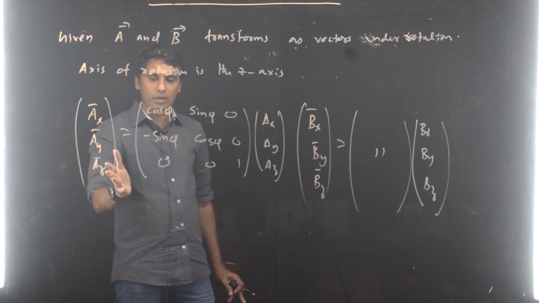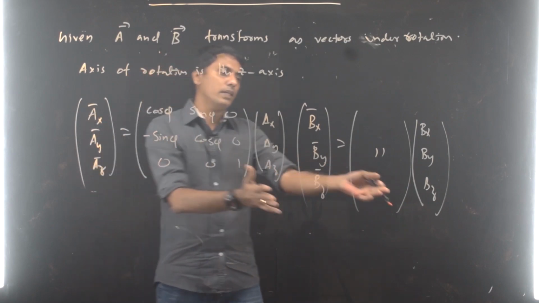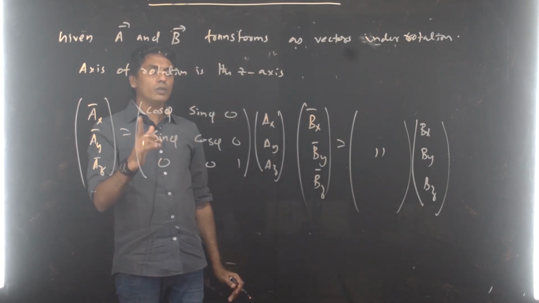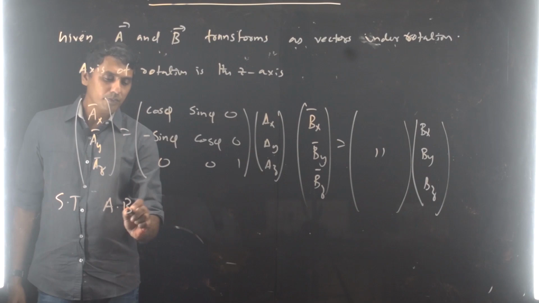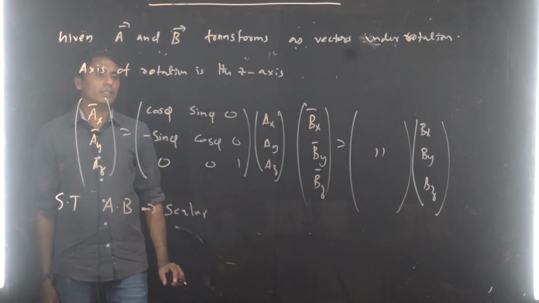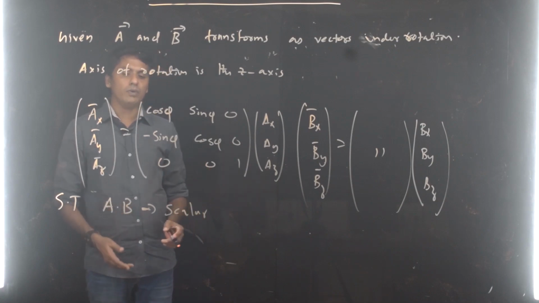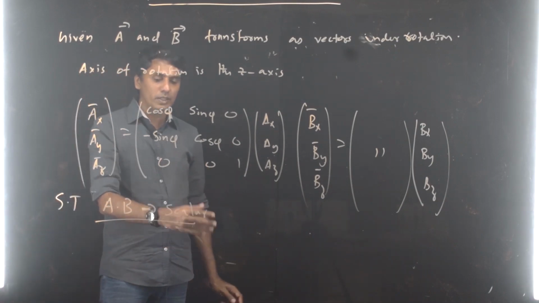If they transform like vectors under coordinate rotation, this will be the case. And now the question is the following: show that A dot B is a scalar. So how do you show this? In the first part you need to say what a scalar is.